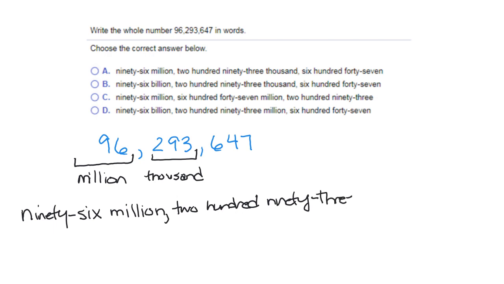These 3 digits are in the thousand period, followed by another comma. And then we state the last 3 digits, which would be 647.